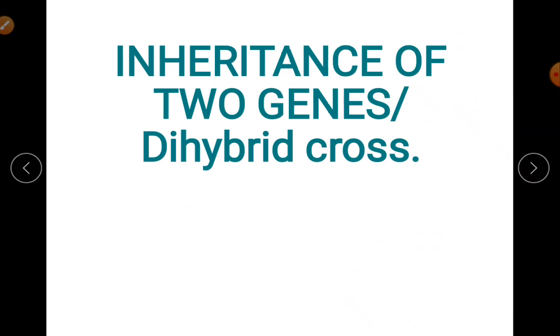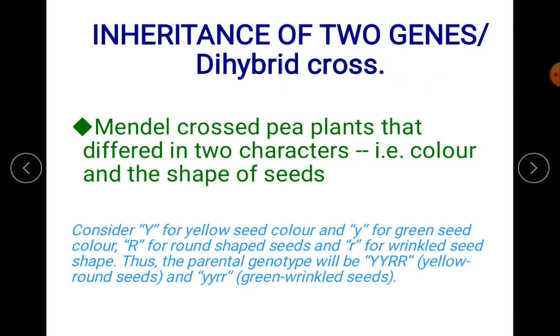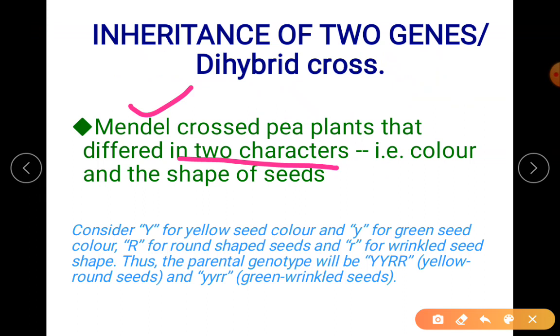Now coming to the inheritance of two genes. We finished already inheritance of one gene, that is your monohybrid cross involving one character. Now it is dihybrid cross. We are involving two characters. So what are the two characters Mendel started to study? The simplest which we are studying here is the color as well as the shape of the seeds.